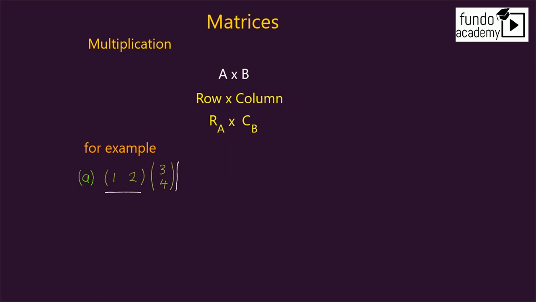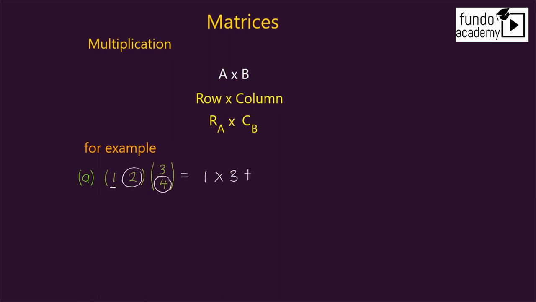From the row, the first matrix, I take the first element and I multiply that with the first element in the column. So here I'll be getting 1 times 3. That's the first element in the row multiplied by the first element in the column. Next, I take the second element in the row, I multiply it with the second element in the column.